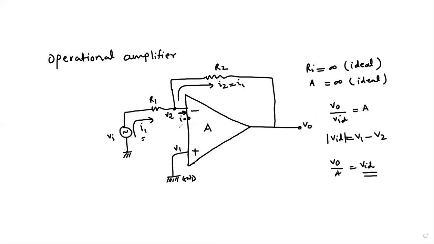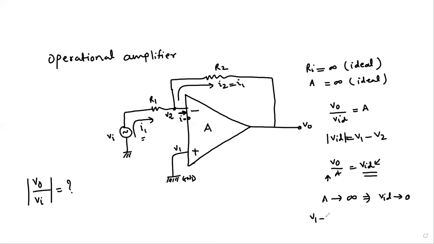So we have to derive the total gain of this circuit, which is VO divided by VI. So what is the value of this? If the gain is infinity, it means VID tends to zero. So when the gain approaches infinity, VID approaches zero.